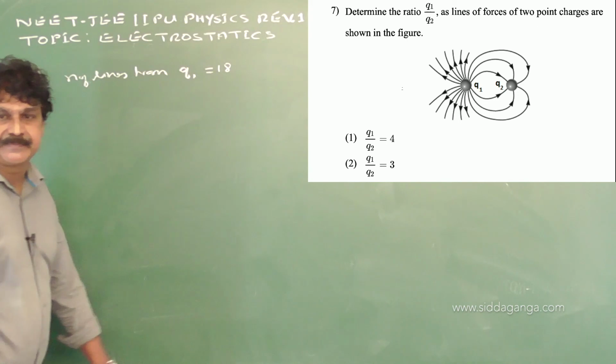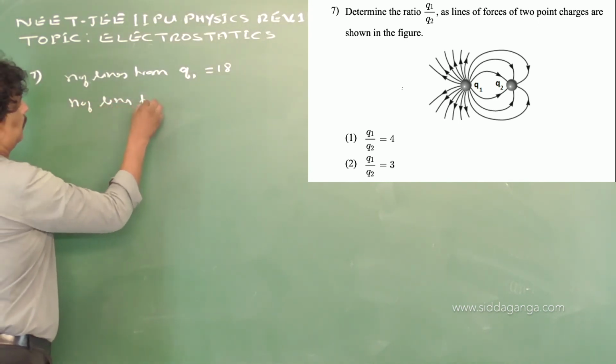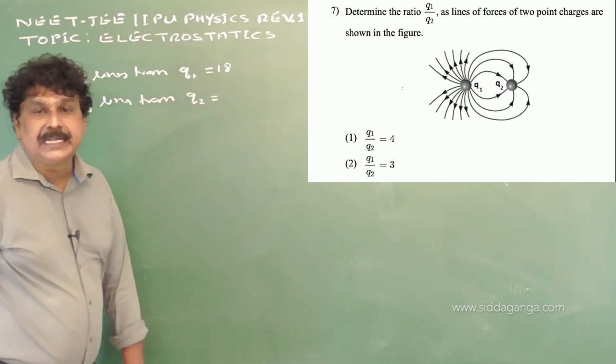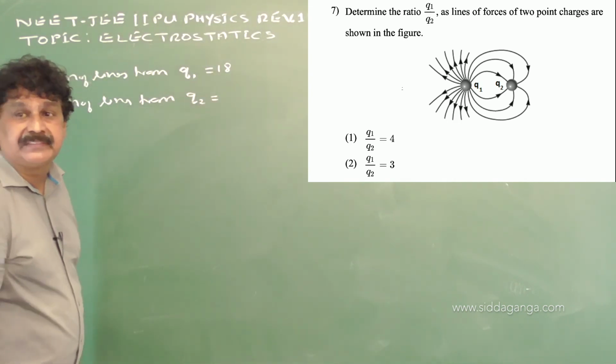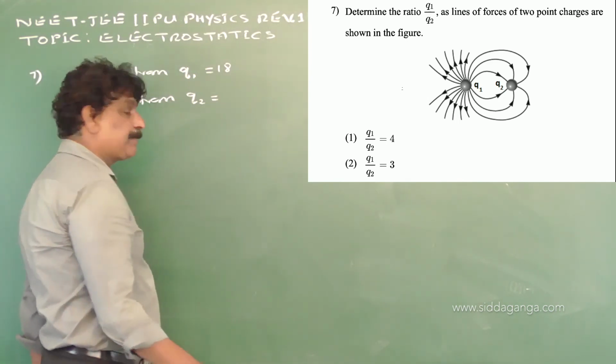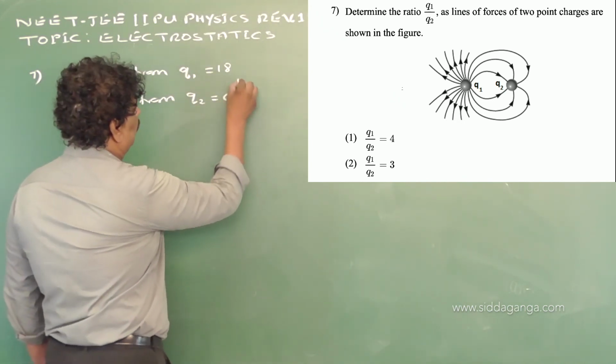The number of lines from Q2 is 1, 2, 3, 4, 5, 6, that is 6 lines.